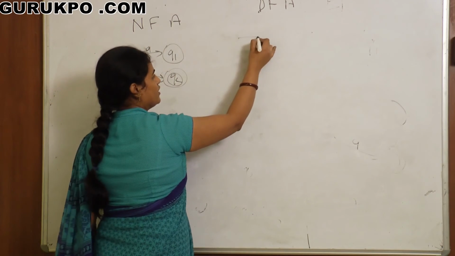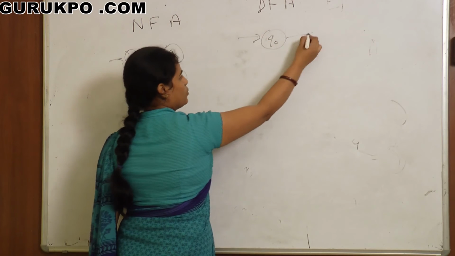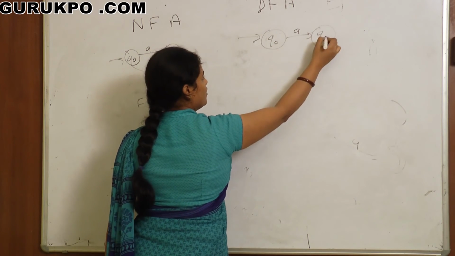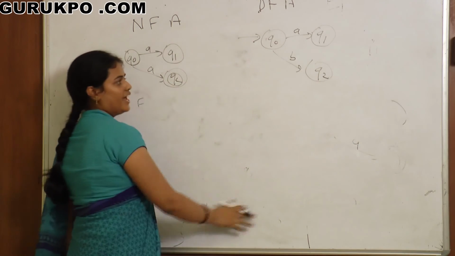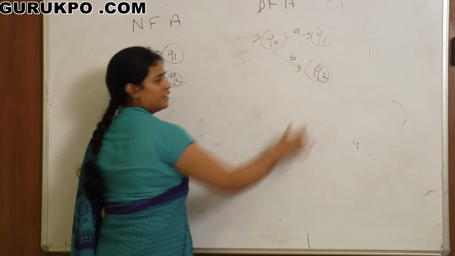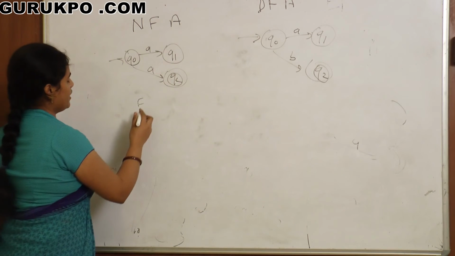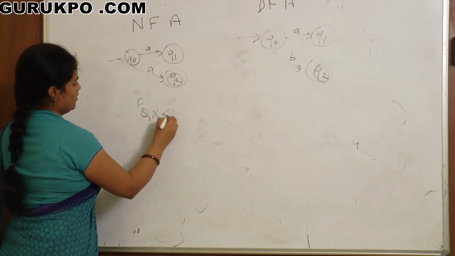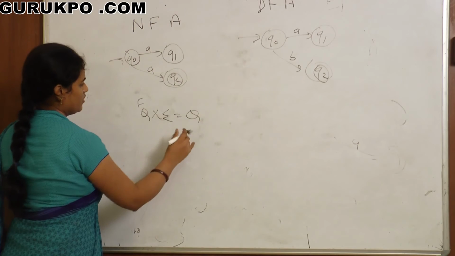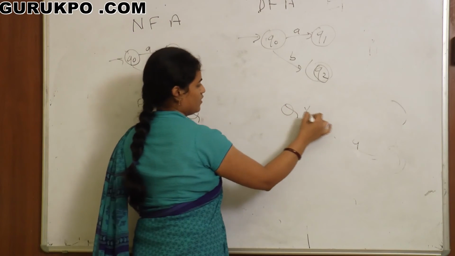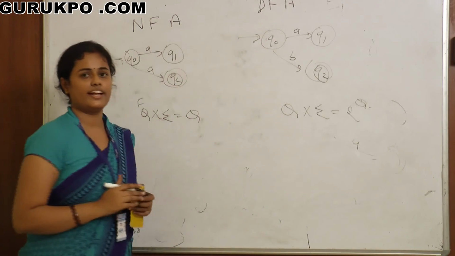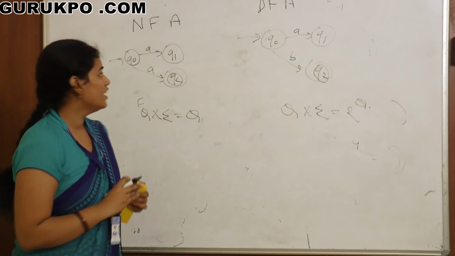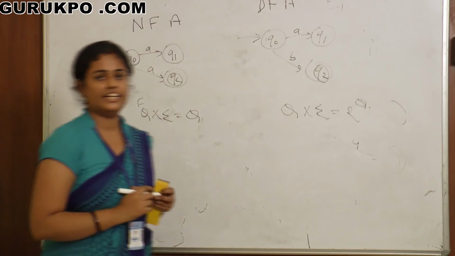But for DFA, for a single input, there can't be more than one state. This is an NFA and this is a DFA. For the production rule, we can mention it like this, taking more than one state into consideration. That is why we write NFA and DFA. This is about what NFA and DFA are.